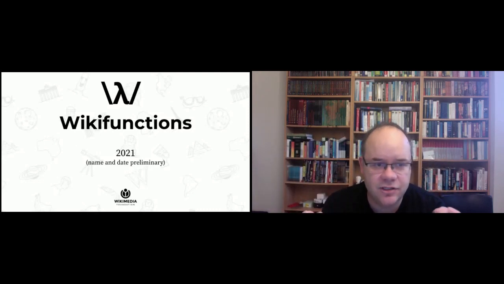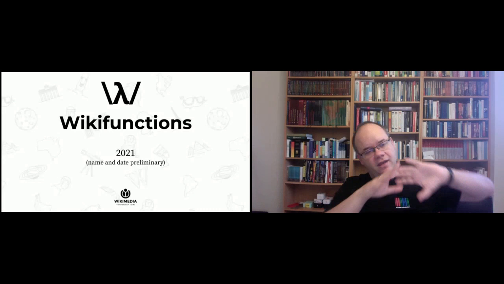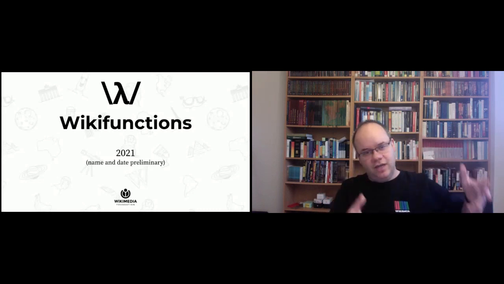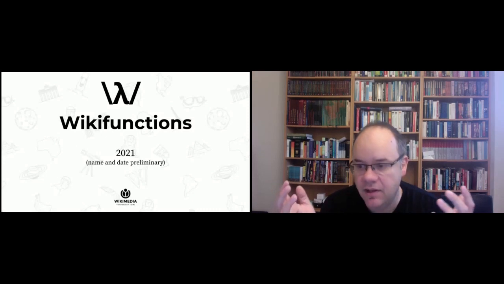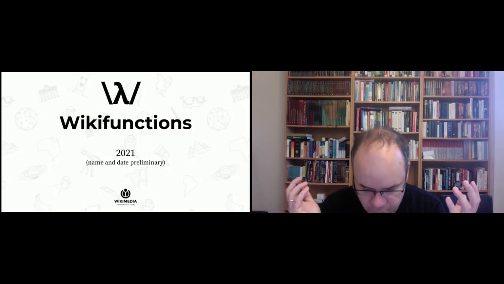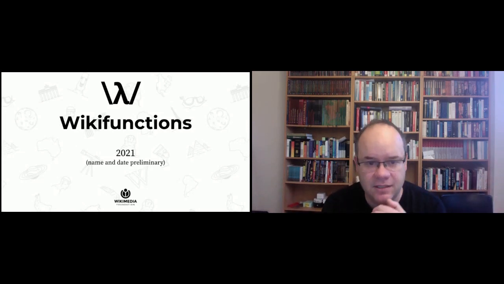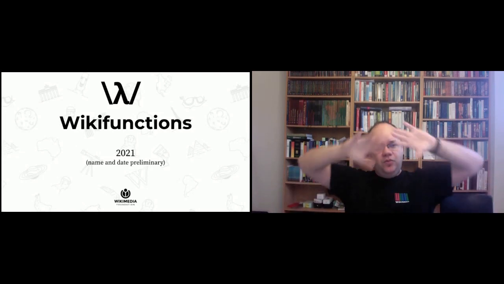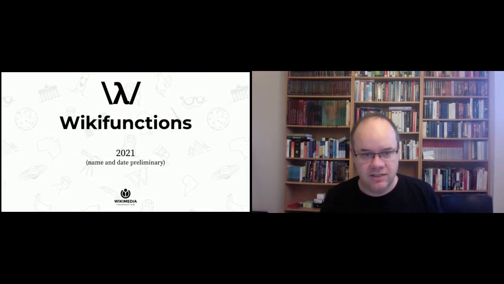And all these functions, instead of having to write them yourself in your wiki, you could just take them from Wikifunctions and then run them and combine those functions together, again, in this super flexible rapid application development system that Semantic MediaWiki is. So Wikifunctions should provide you with a lot of the functions that you might want to use, and it should be easy to connect them and to execute them within your context.